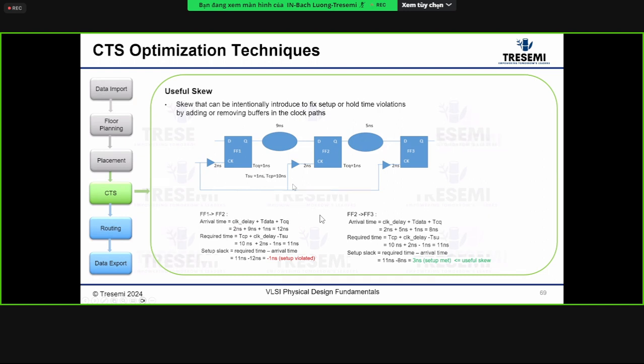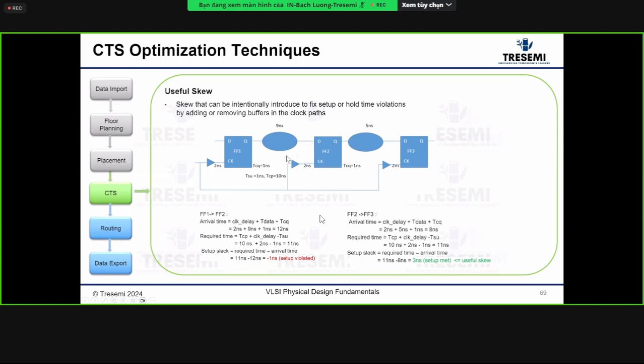So the data arrival at the capture flop for this first path is 12 nanoseconds. That's the arrival time. Okay, you follow me? It's very important you understand this and you see how useful skew is going to help us.